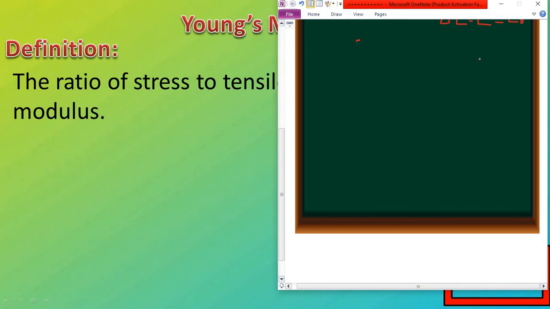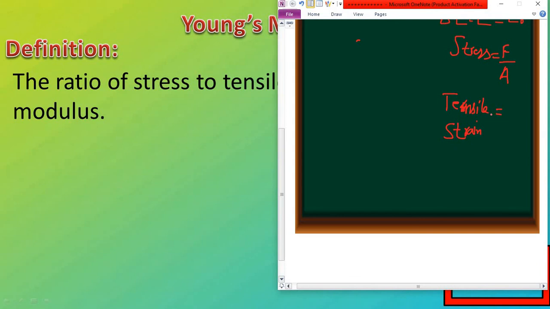You know that the formula of stress is equal to force per unit area. Now I put these values in stress, so we have found it. Now we find tensile strain. What is tensile strain?